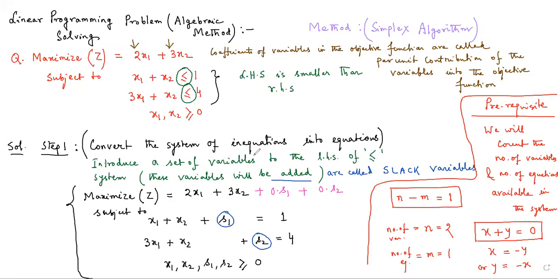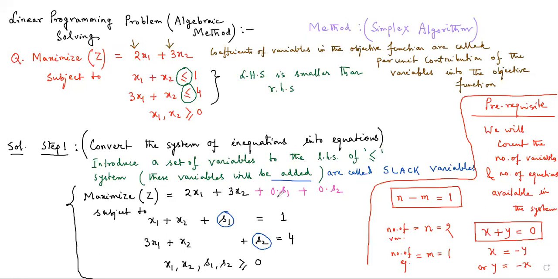But s1 and s2, these variables were not actually present in the physical system. These variables were only brought in to deal with the system by the simplex method. We introduced these variables by ourselves. They do not have any physical interpretation. They are not our physical variables, but we have introduced them into the objective function.